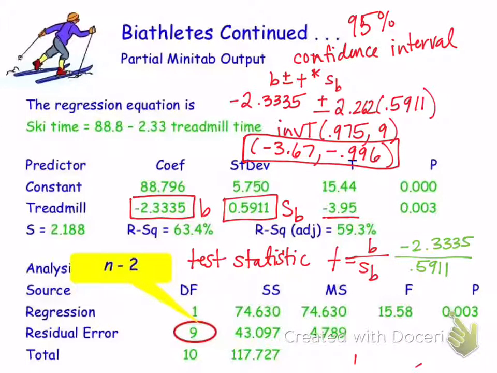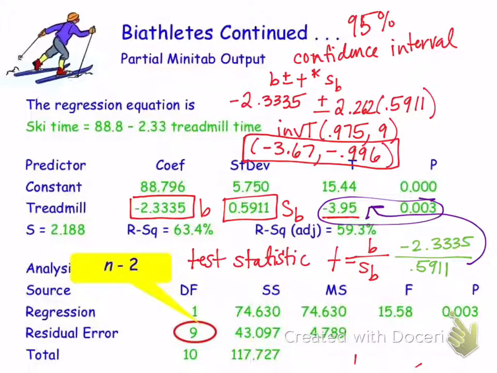So try typing that in your calculator. And you end up getting 3.95 or negative 3.95, which is right here. But like I said, these two numbers may not always be on the computer output. They usually leave those off.